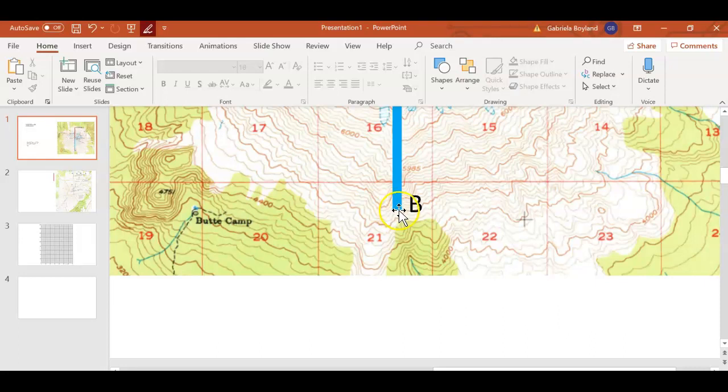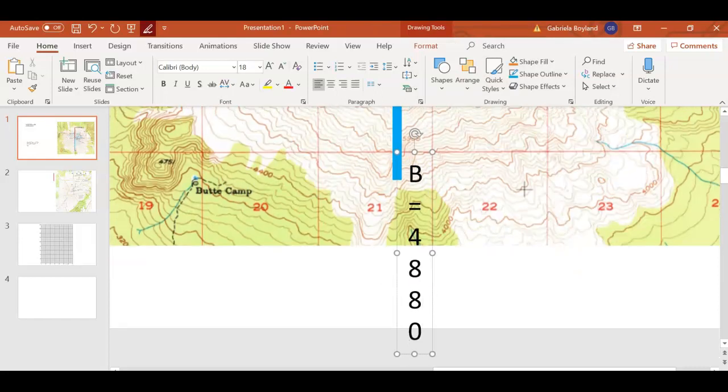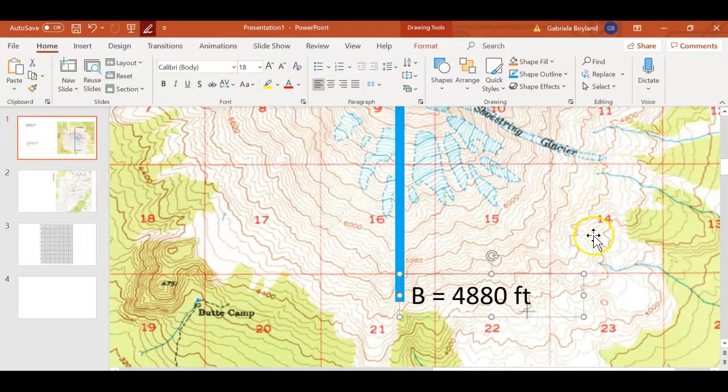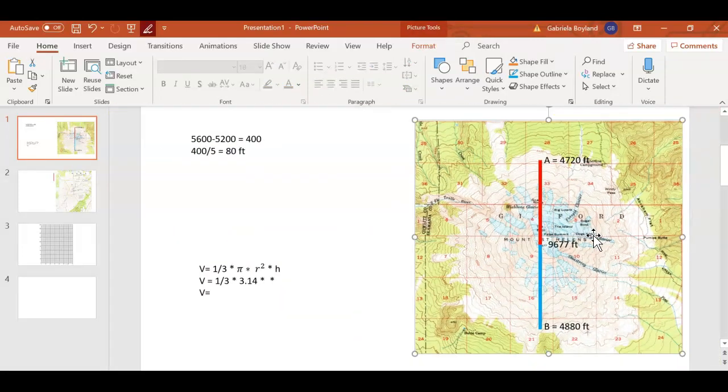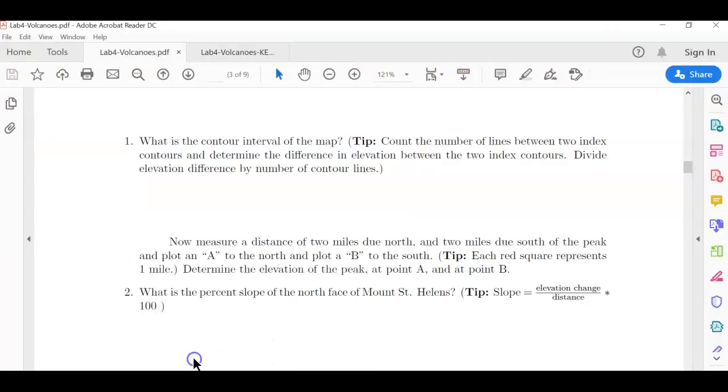So this contour interval where it gets to would be 4,880 feet. Okay. So now that we have those 3 elevations determined, after we have measured 2 miles to the north and 2 miles to the south of the peak, let's go ahead and continue reading to see what it is that we need to do.